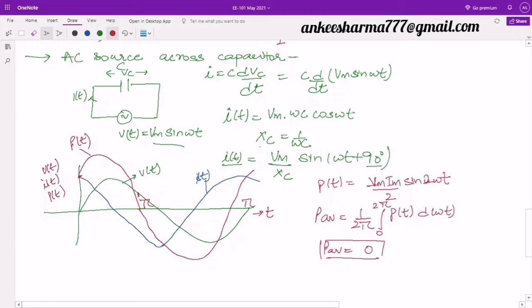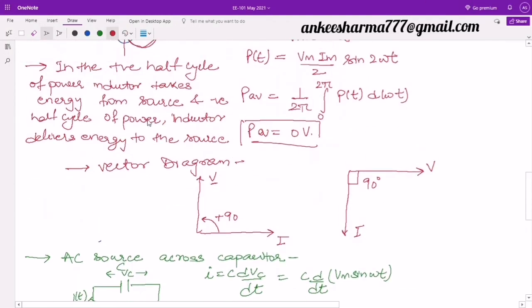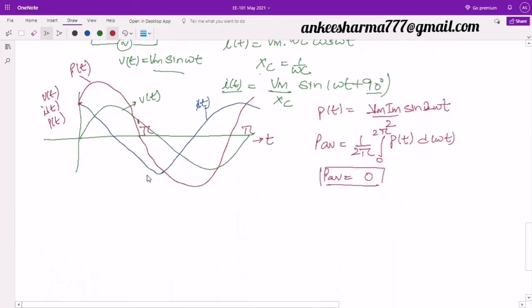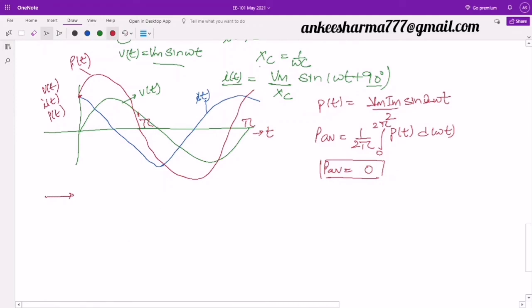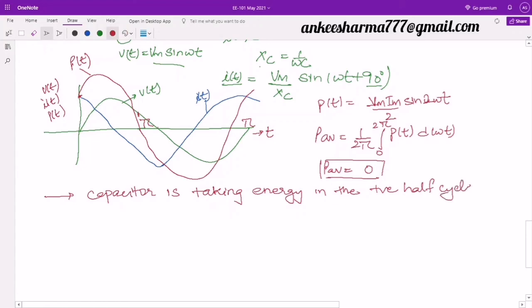It means in this case also the capacitor is taking energy and then delivering energy as the inductor is doing. Inductor was also doing the same thing. In the positive half cycle, the inductor was taking energy from the source, and in the negative half cycle, the inductor was delivering energy. Similarly, in this case also, the capacitor is taking energy or storing energy in the positive half cycle of power.